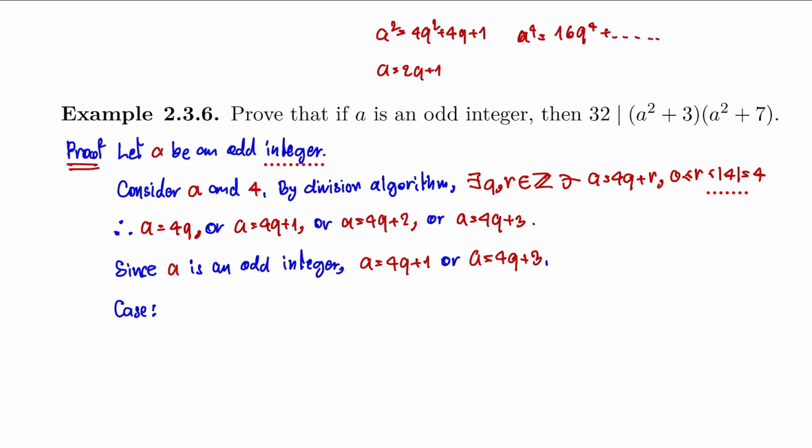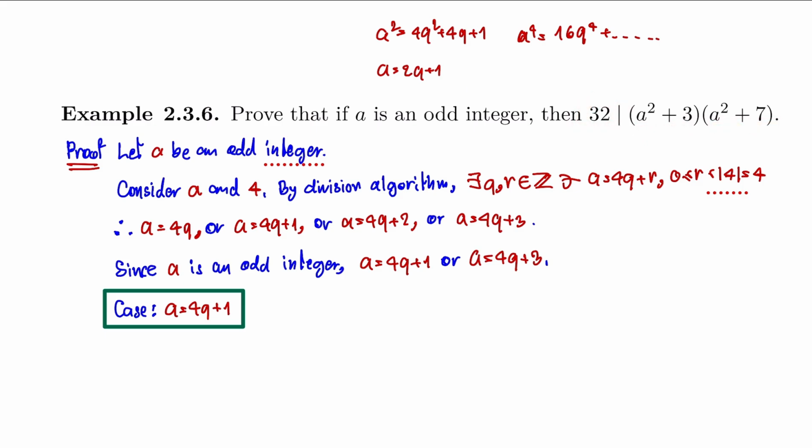For the first case, we have a equal to 4q plus 1. What happens in this case? We will try to show that (a squared plus 3) times (a squared plus 7) is divisible by 32.